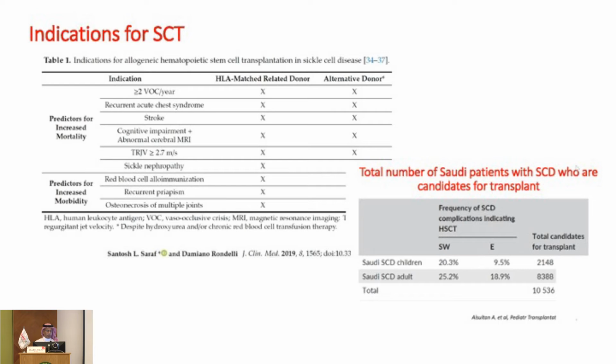And patients with pulmonary hypertension, patients who develop sickle nephropathy are legitimate candidates for transplant. However, patients with chronic problems like allosensitization, recurrent priapism, and osteonecrosis, and the list is long, can be included in the list to transplant.